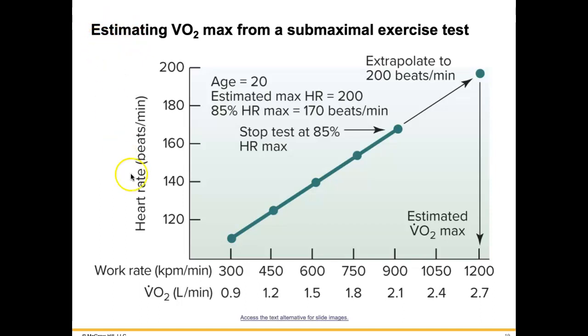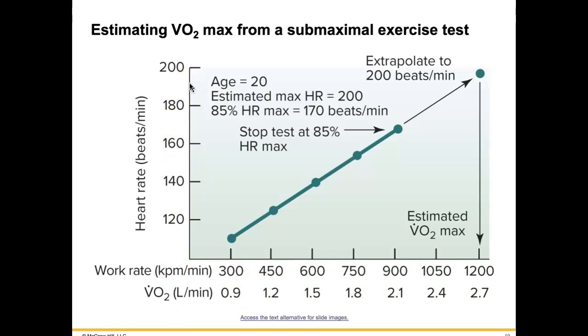If you remember in this test, we start the person either on a treadmill, or it could be a cycle ergometer, in which we are increasing the work rate. So this can help us estimate the VO2 max because of the linear relationship that we see with our VO2 max and our heart rate, which we see here on the y-axis.